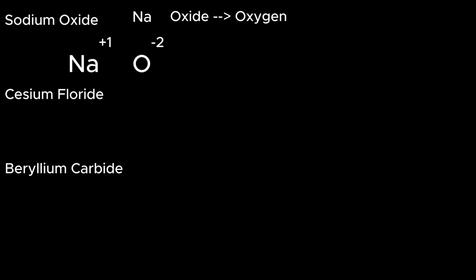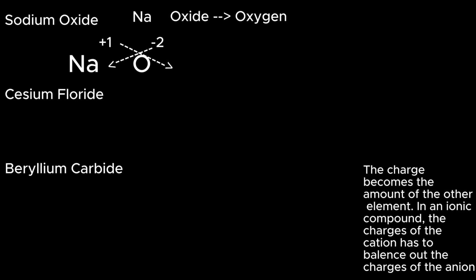So what I mean by that is the -2 from the oxygen goes down to become the subscript of sodium. So there's going to be two sodiums. And in sodium, this has a +1 charge, so it goes down to be the oxygen's subscript. So there's only going to be one oxygen.